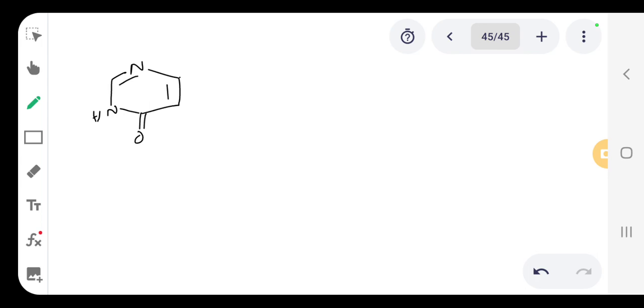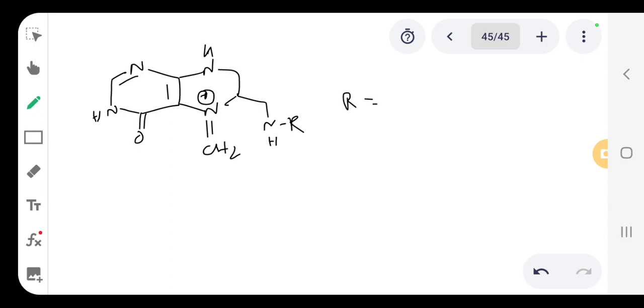So this is the folic acid moiety, and this is CH2 plus NHR, and R equal to, we all know that R is this: CH2 CO2 minus. So this is the R. So this is 1.